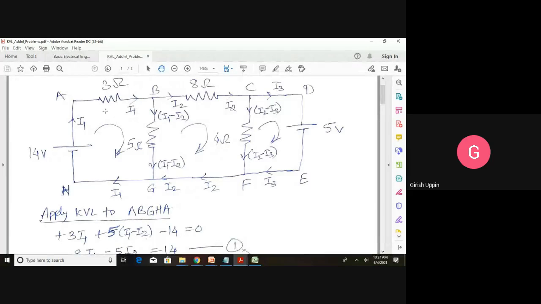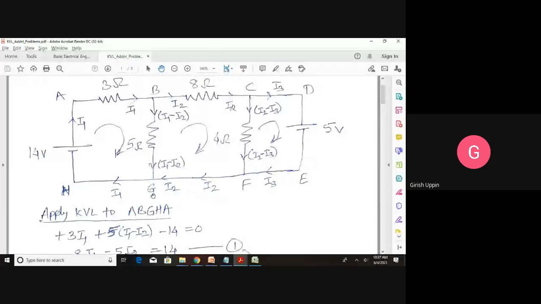So this voltage drop is positive, plus 3I1. Then we come to the node B, and this is the direction of the current, and also the direction of the tracing, so positive voltage drop. What is the current flowing here? I1 minus I2. Therefore plus 5 into I1 minus I2.